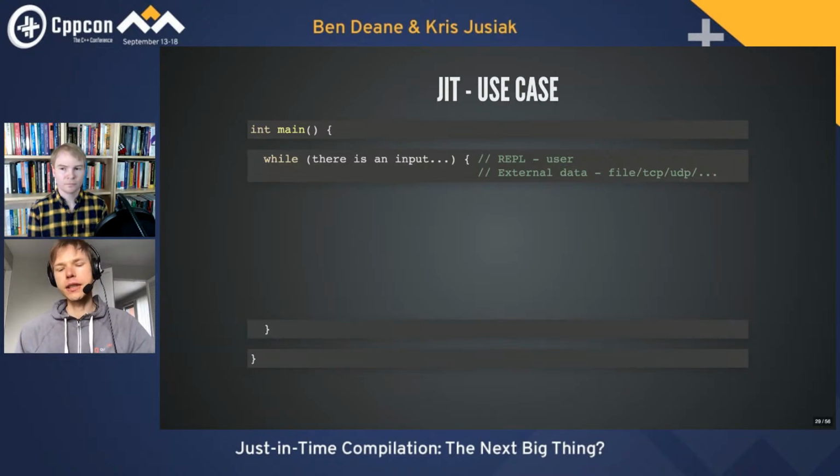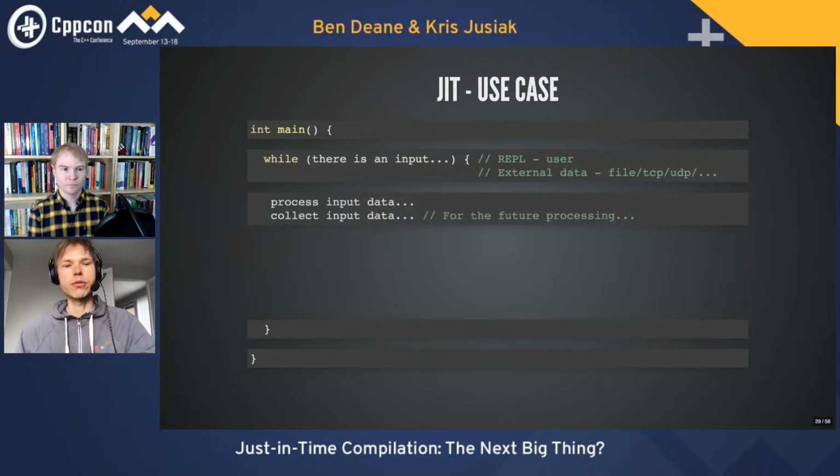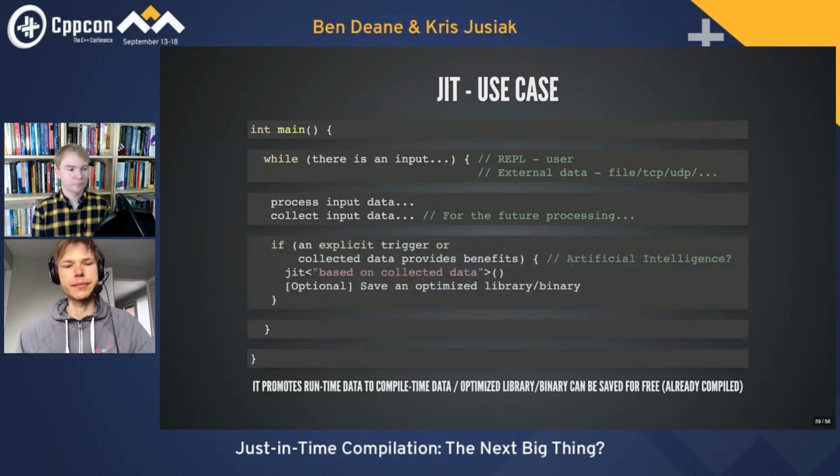So as long as we have this input, we'll process it, and we'll do an additional step here, which will be just to collect that data in order to leverage it in further future processing. So that's just an additional step.